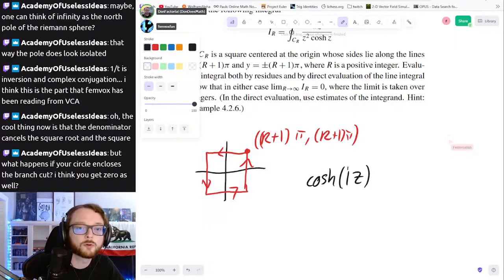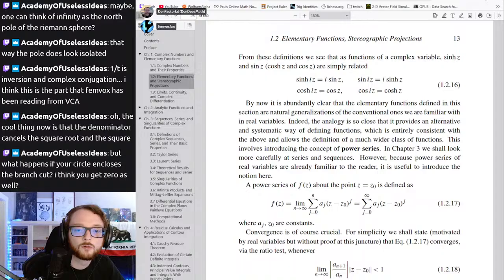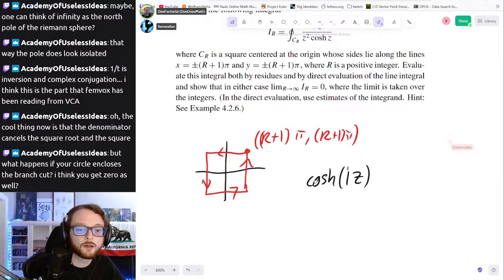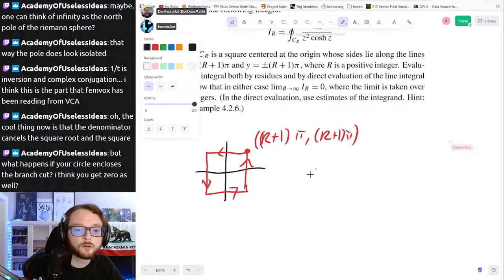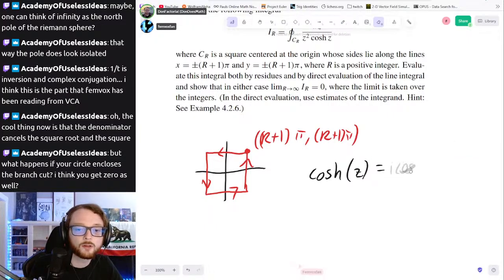Or do we want the other one? Cosh z is cosine iz.